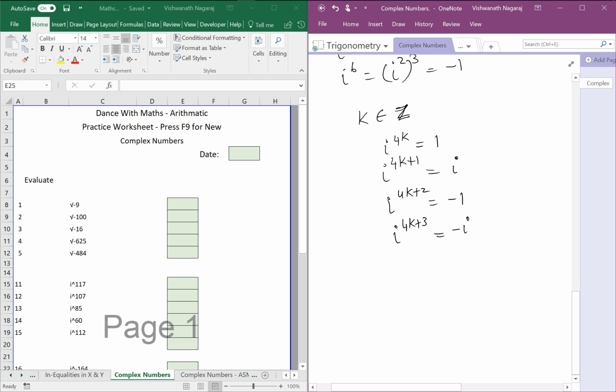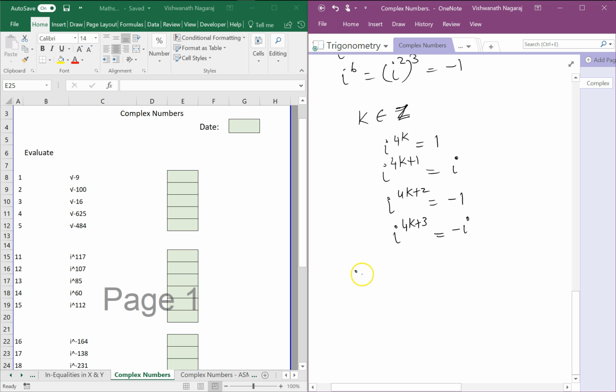Okay, let's solve some problems again. What about i to the power of, say, 7? Now how will you think of this? Think of this as 4 ones are 4. So i to the power of 4 times i to the power of 3, right? i to the power of 4 is 1.